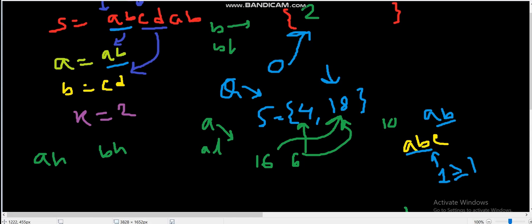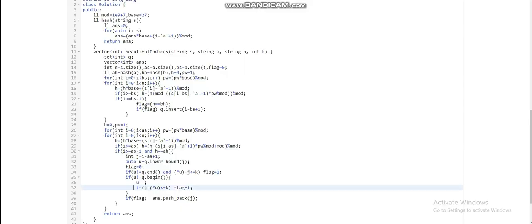If the flag is still not 1, we will check with the previous index, the immediate lower. We are decrementing the u pointer. Now we will check if it is less than or equal to k, and we are marking the flag as 1. Now if flag, we are pushing our starting index into our answer variable. So at the end we are returning answer.